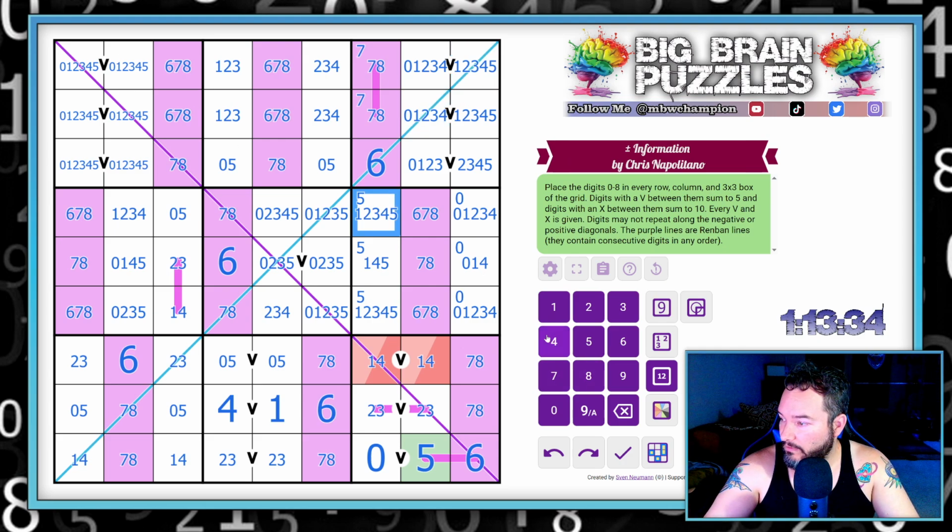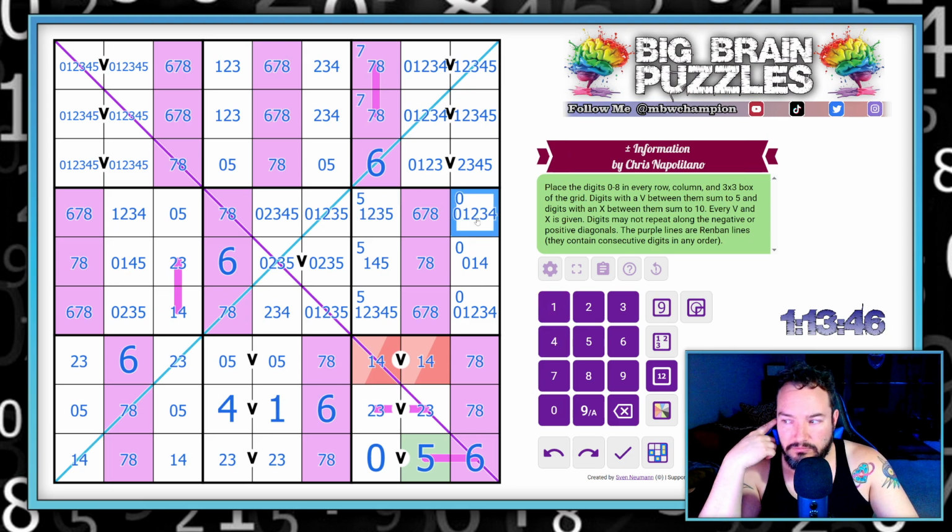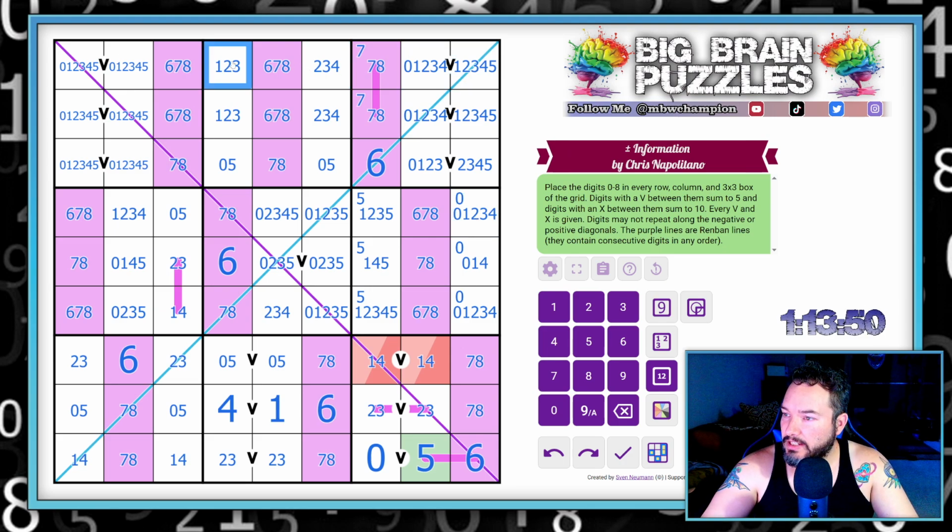Okay, this can't be a 4. I mean, this is not a 1. Actually, I don't want to assume that, because like these, I know that they're in the same row. Here, I don't know this exactly, so I don't want to assume that.